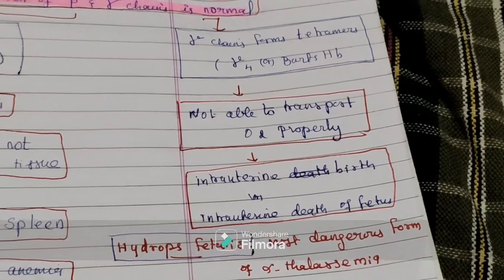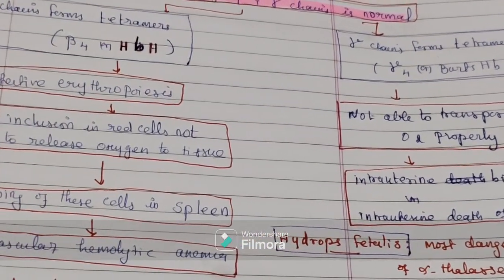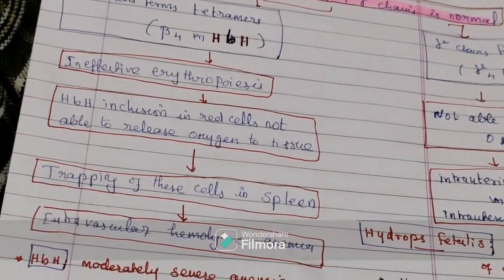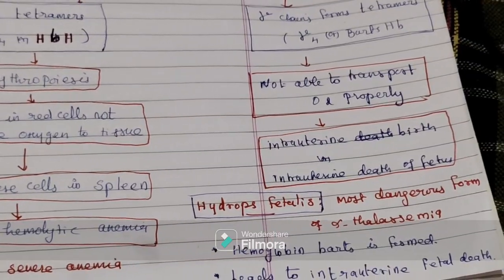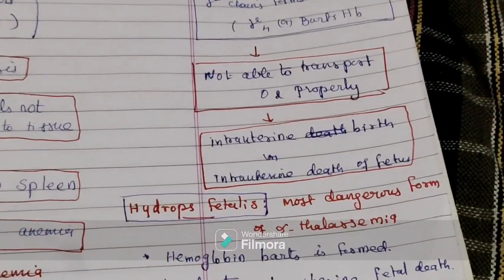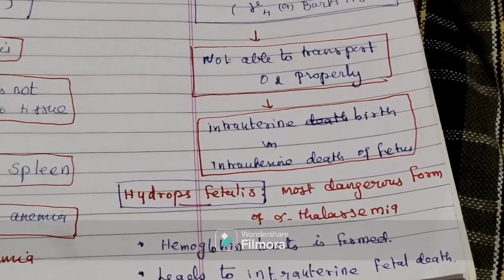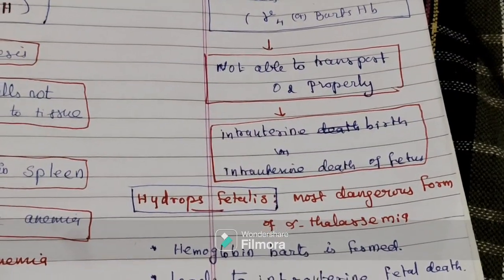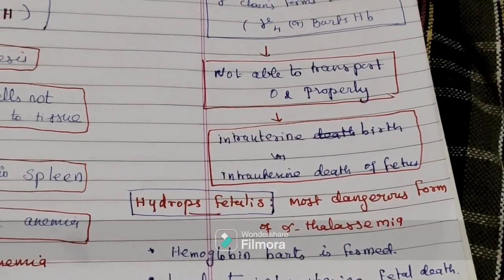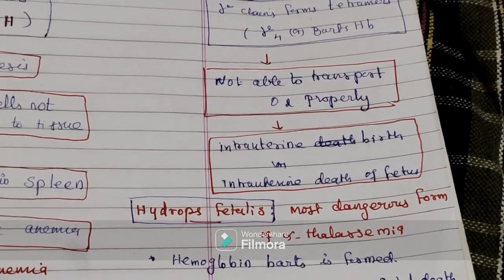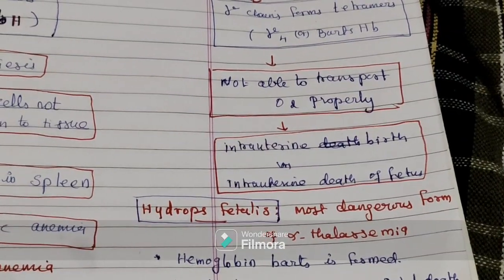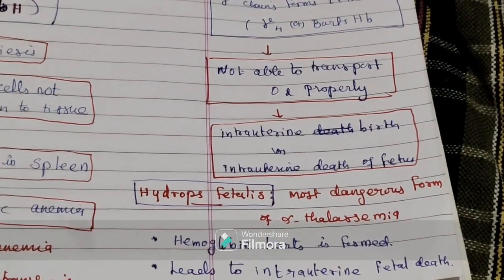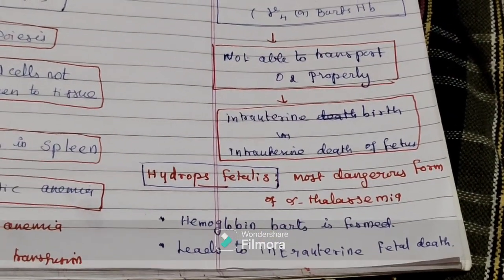Hb Barts also has high oxygen affinity and leads to intrauterine death. It is known as hydrops fetalis: stillbirth or intrauterine death of the fetus.